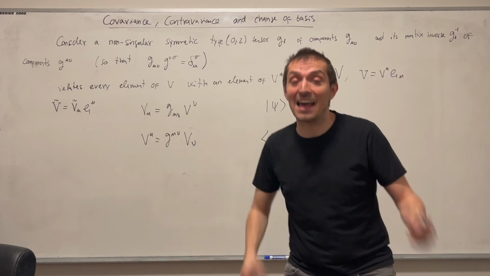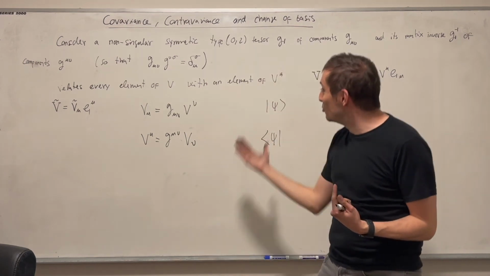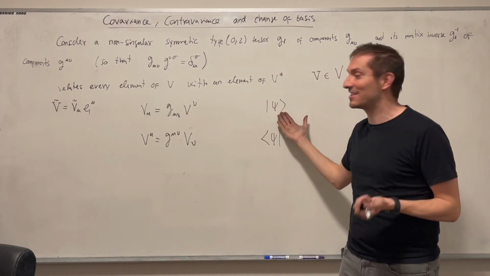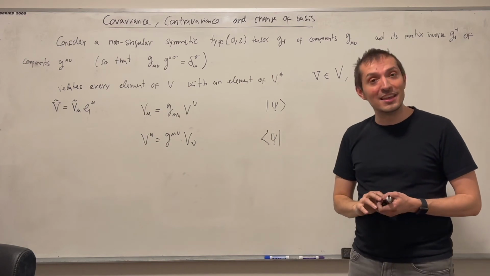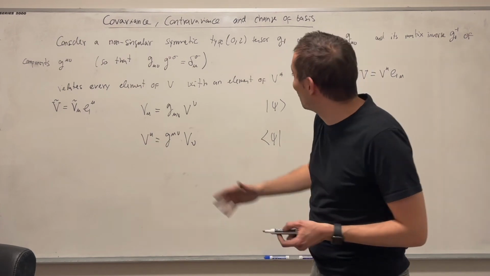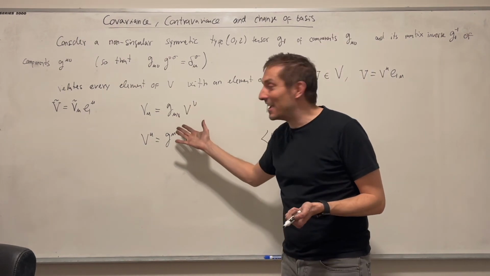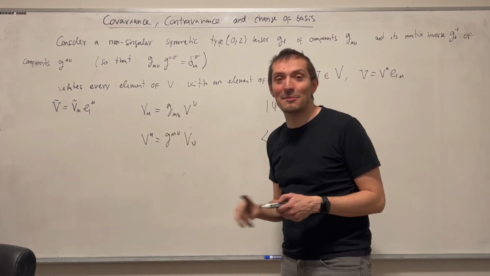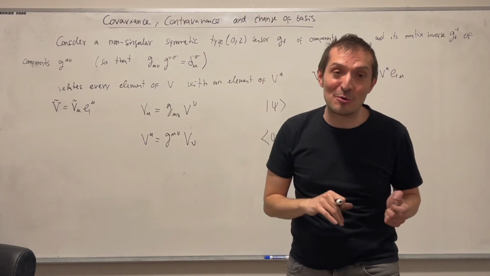You can't unless you have a metric. When you have a metric, you associate every ket psi with a bra psi. Only that the metric used in quantum tends to be the identity, so trivially the numbers are the same: for every column I have a row.